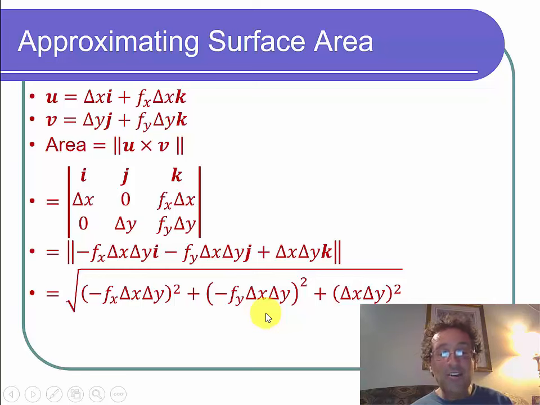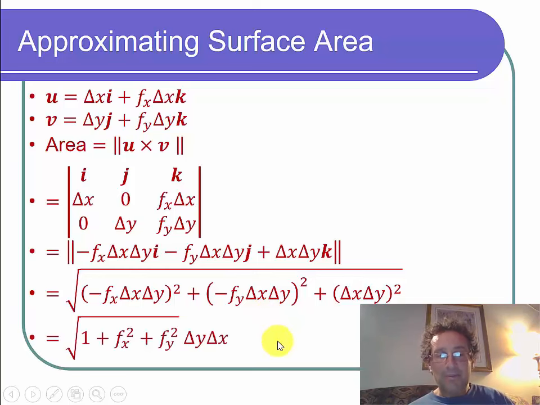So I can factor that out and pull that completely outside of the square root. And I arrive at the square root of 1 plus f sub x squared plus f sub y squared, times delta y delta x. And that gives me the area of one of those parallelograms.